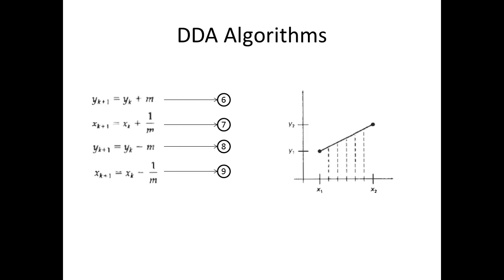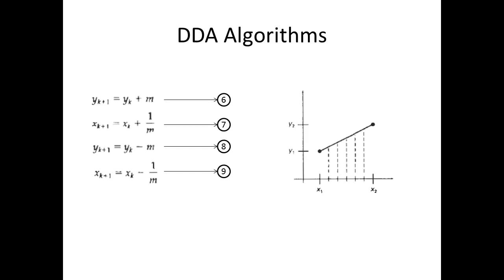It is equation 7. Equations 6 and 7 are based on the assumption that lines are to be processed from the left endpoint to the right endpoint. This processing is reversed so that the starting endpoint is at the right.